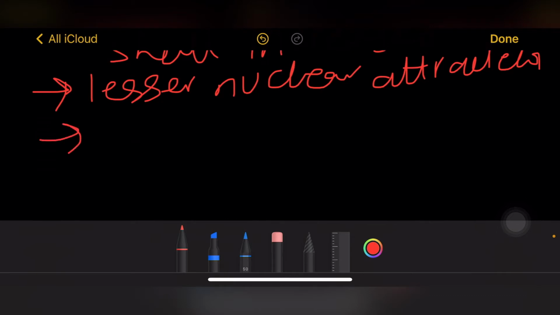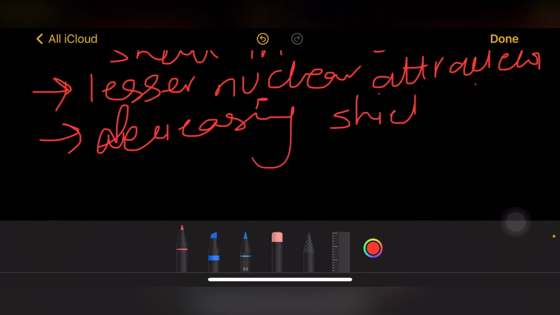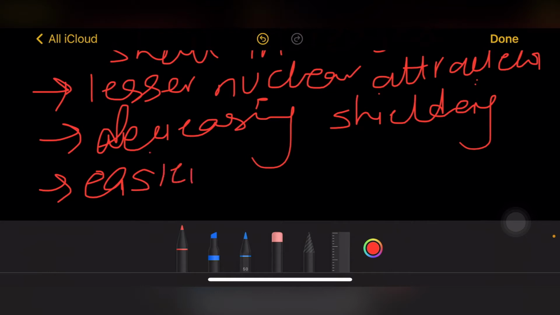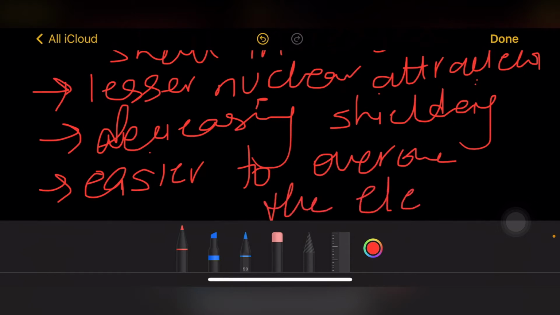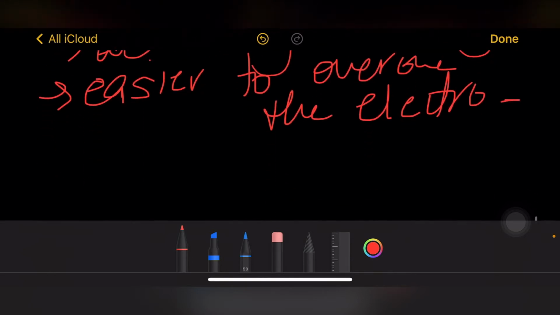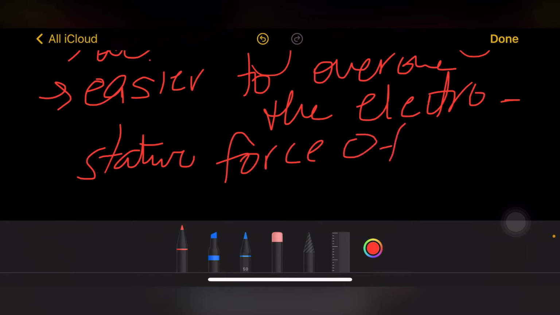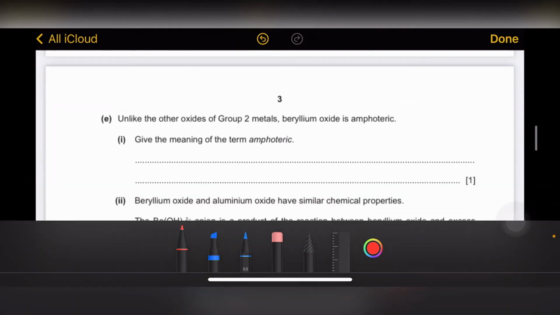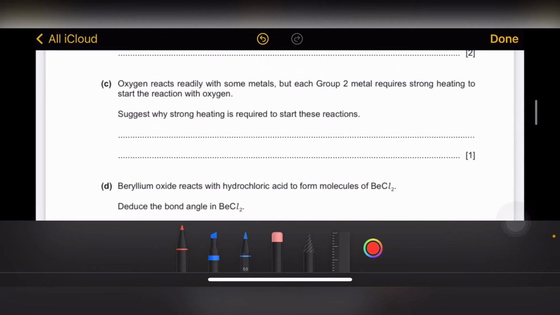And lesser nuclear attraction and increasing shielding, so easier to overcome the electrostatic forces of attraction, right?